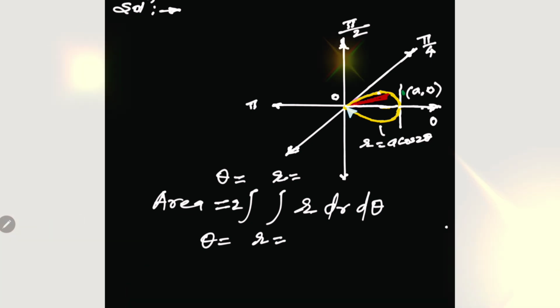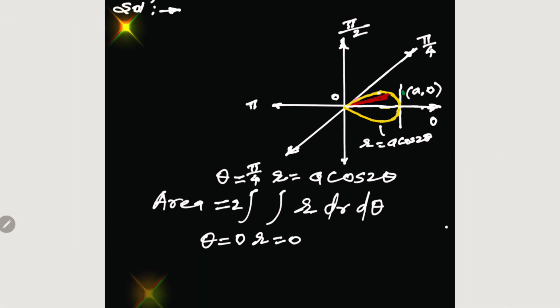Then at this point of the strip, r is 0. At the other point, as it lies on that curve, the equation is r is equal to a cos 2 theta. Then we have to move this strip from theta equal to 0 up to this line, that is theta equal to pi by 4. Therefore, the limits for theta are from 0 to pi by 4.